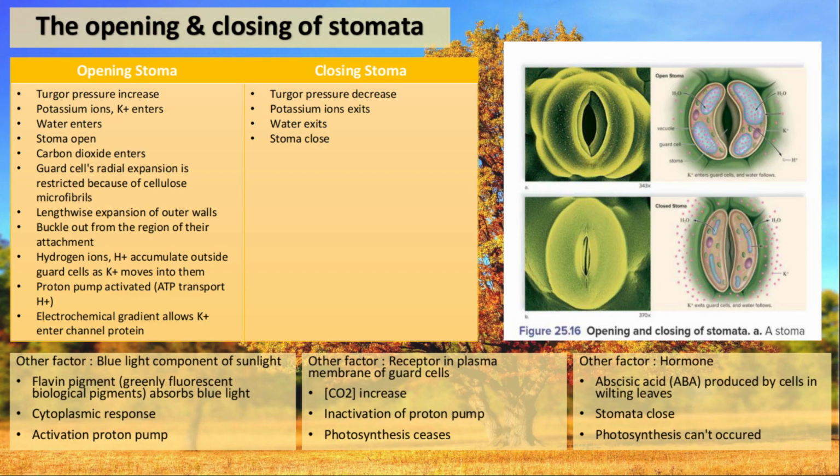Okay, untuk opening stoma, first turgor pressure akan increase. Turgor pressure ni adalah tekanan yang dikenakan pada sel wall bila air melepasi sel itu by osmosis, ataupun dikenali sebagai hydrostatic pressure. Next, potassium ions, ataupun K+, will enter the guard cell followed by water.